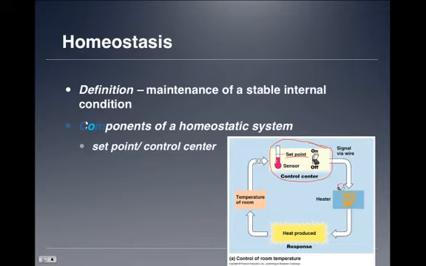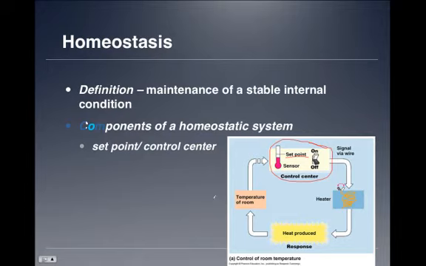And we can also talk about, again, when we're talking about homeostasis, there are some major components of our homeostatic systems. So the first major part of a homeostatic system is that we have to have some type of control center that maintains that set point.